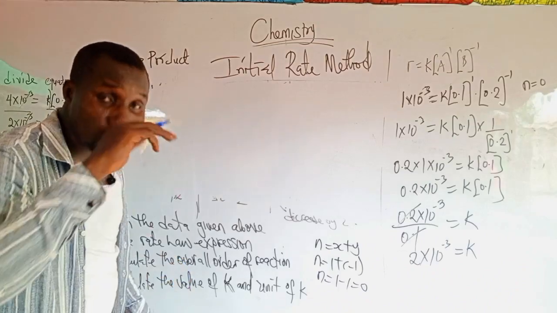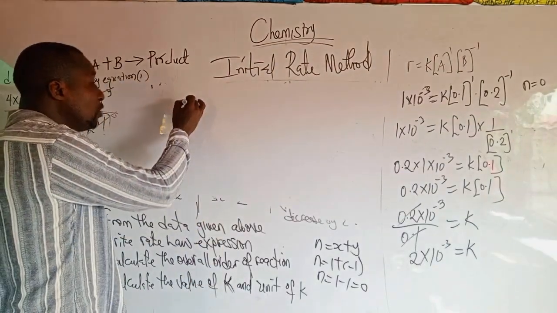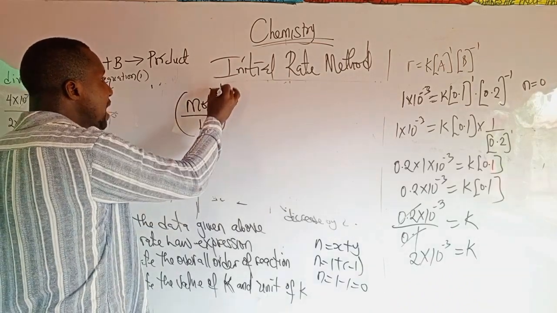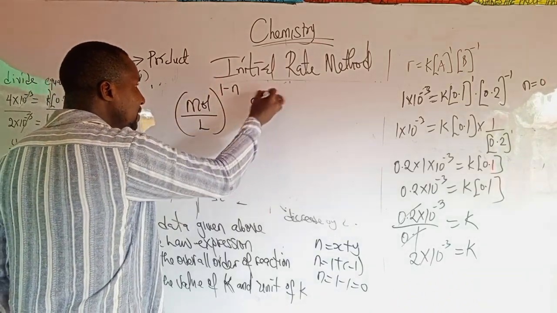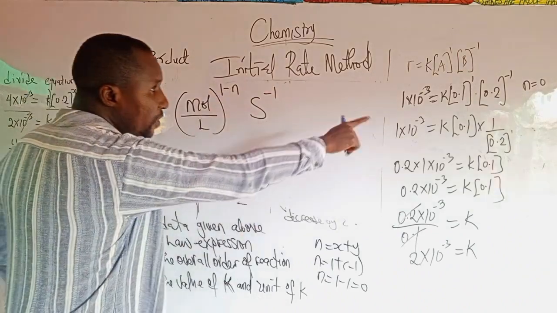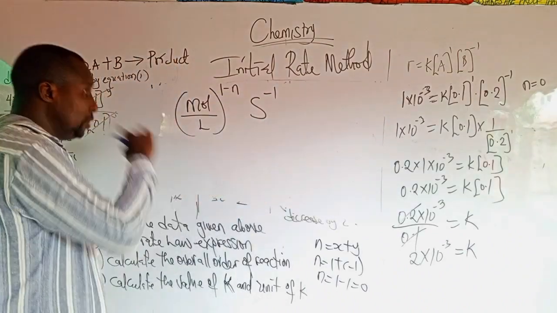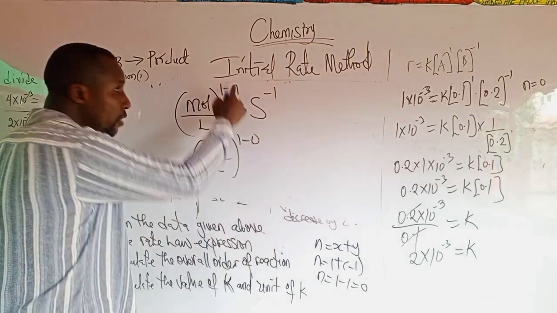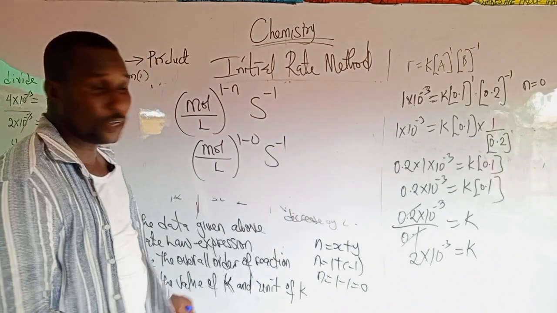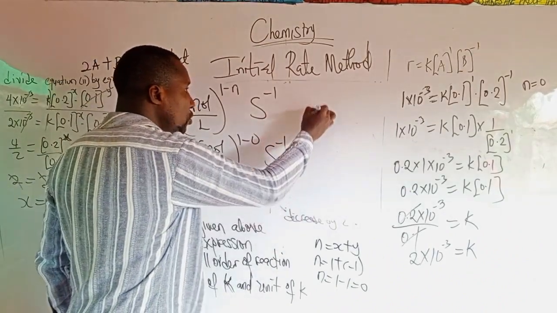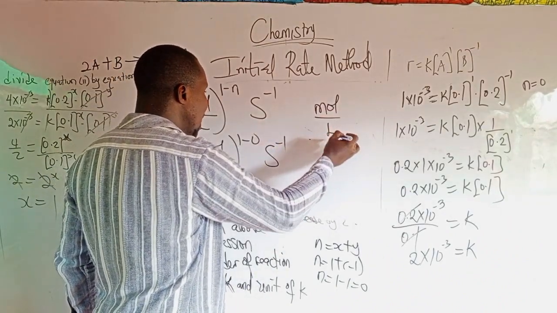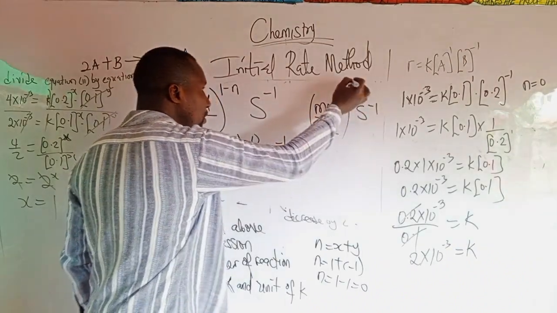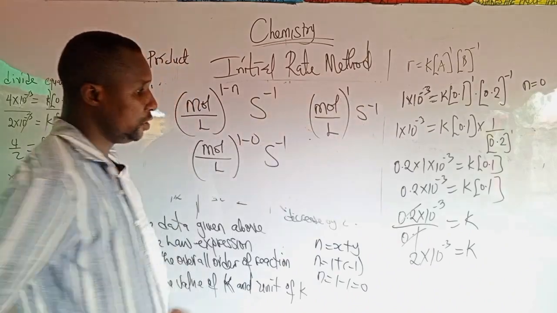The formula for the unit of K is mole per liter raised to power 1 minus n, then per second. What is n for this question? It is 0. Therefore the unit of K is mole per liter raised to power 1 minus 0 per second.